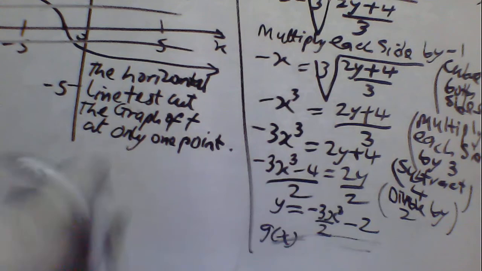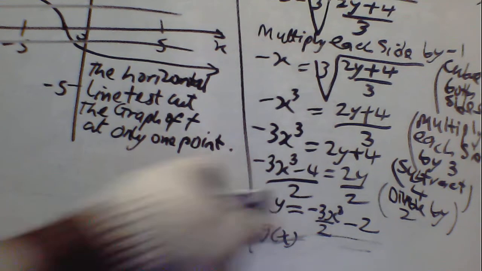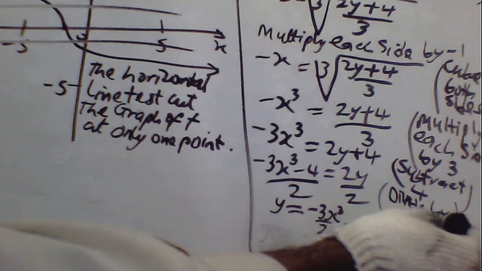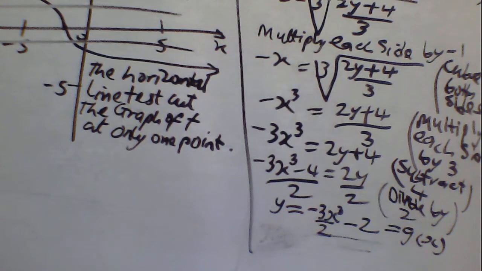Once you arrive at this, you have already solved it. This is g of x, which is the inverse. Do you have any question? So g of x equals negative 3x raised to power 3 divided by 2 minus 2.